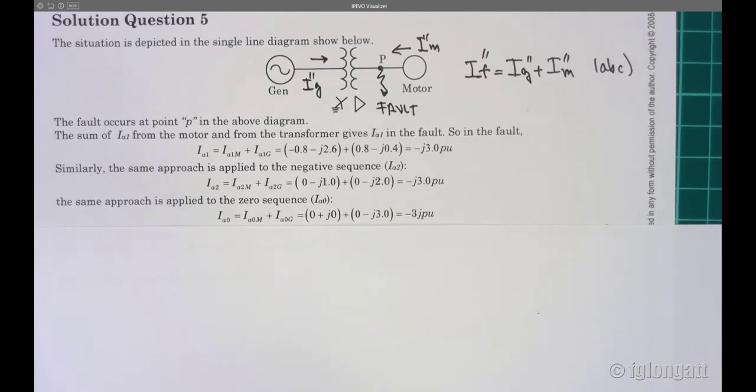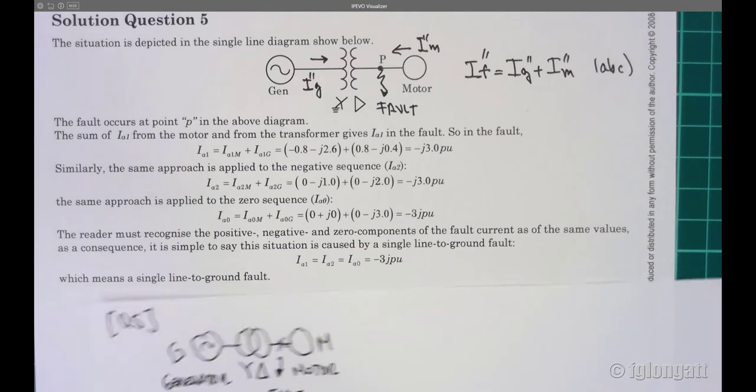The current contributions are going to the fault point, and what you need to know is that in each sequence network, the contributions sum, and both of them are going out.